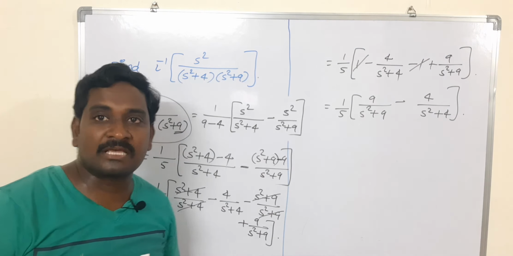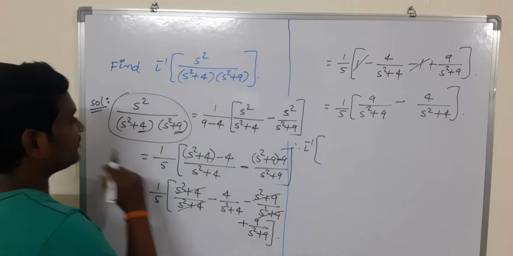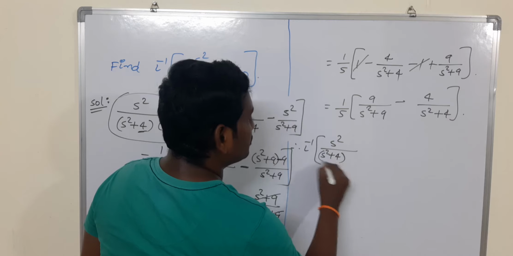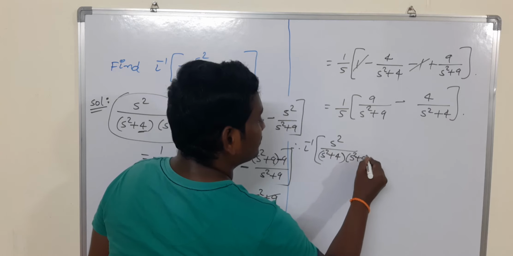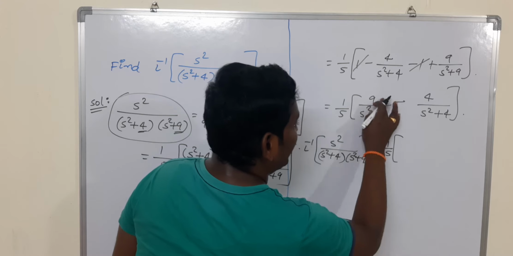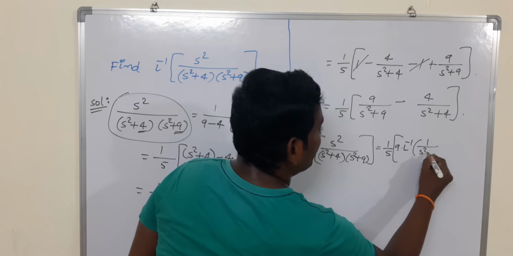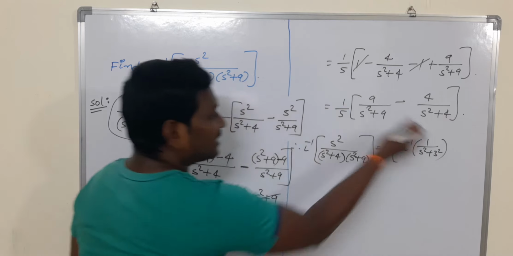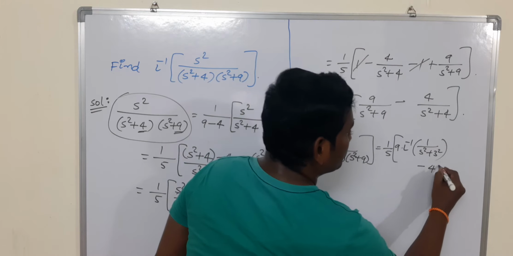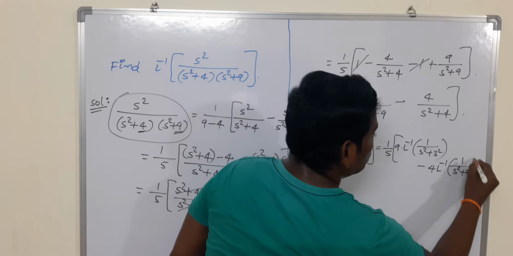Now take L inverse on both sides. Therefore L inverse of the given function s square by (s square plus 4)(s square plus 9) is equal to 1 by 5, the constant term. 9 is also a constant term, so L inverse of 1 by s square plus 3 square, since 9 can be written as 3 square, minus 4 is again a constant term, so 4 into L inverse of 1 by s square plus 2 square.